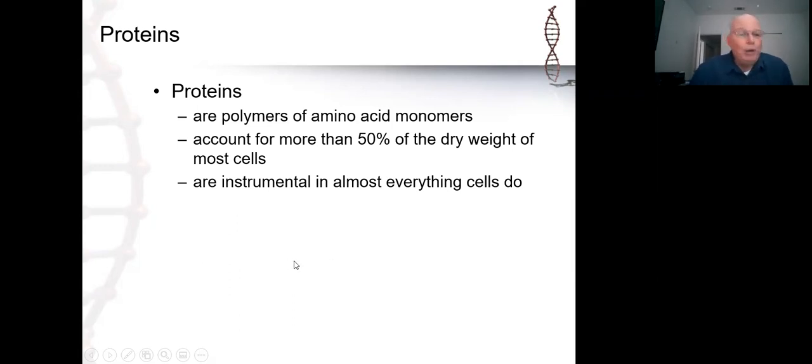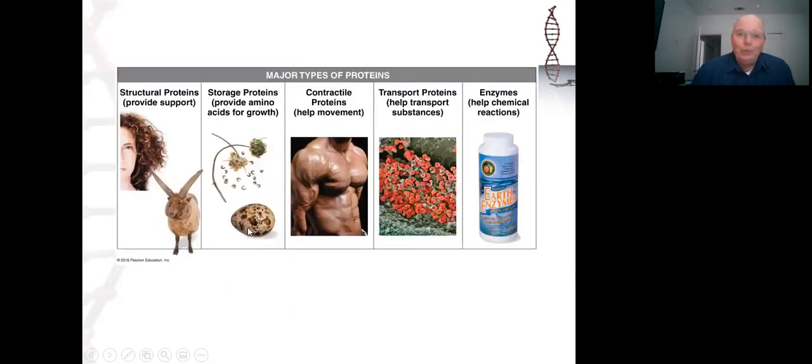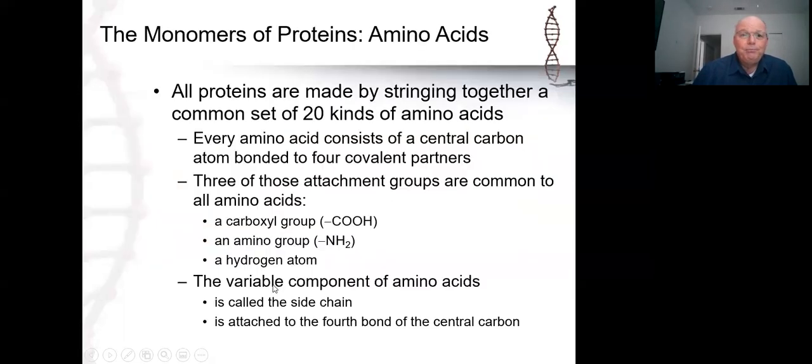They do a boatload of work in cells. So this diagram gives you a short list of some of the things that proteins are responsible for in cells. This is why we need to be aware of proteins as polymers and the importance of proteins to cells.